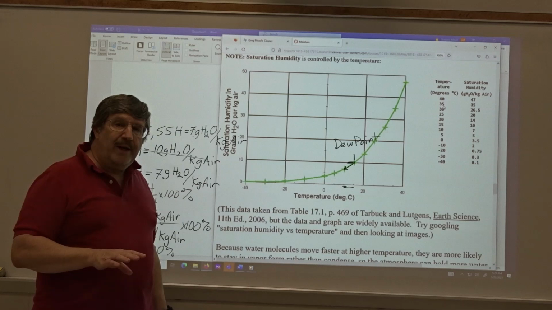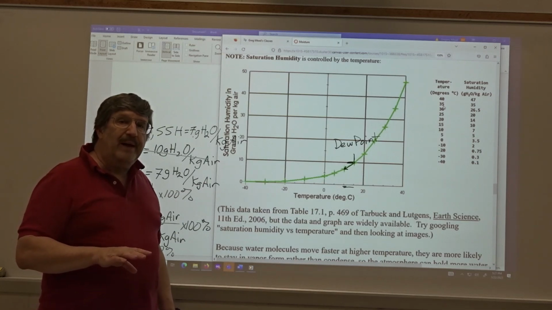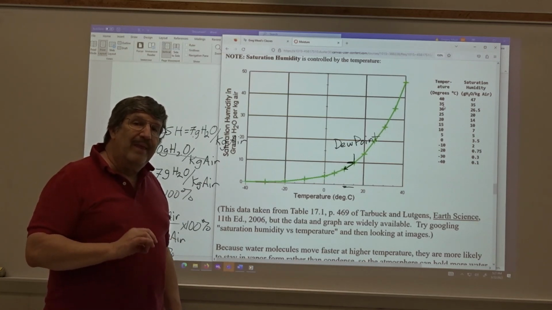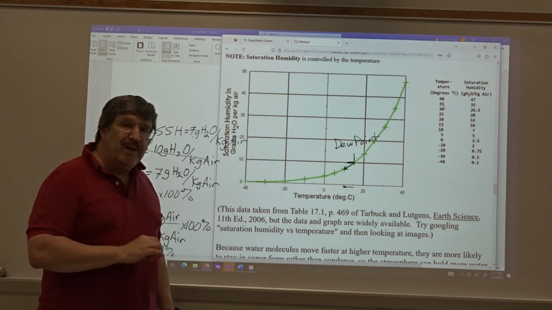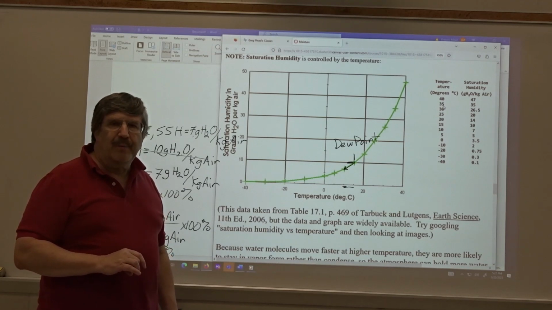If you make a calculation and your relative humidity is greater than 100, that's impossible. What that means is that you have made a mistake, and so you want to check your numbers again.